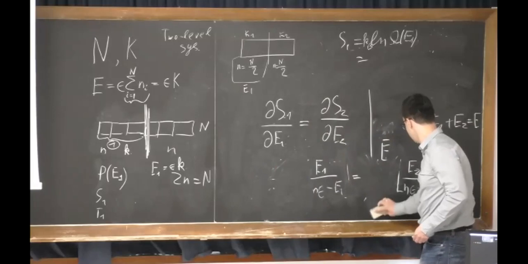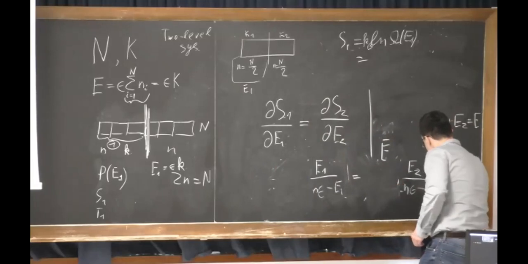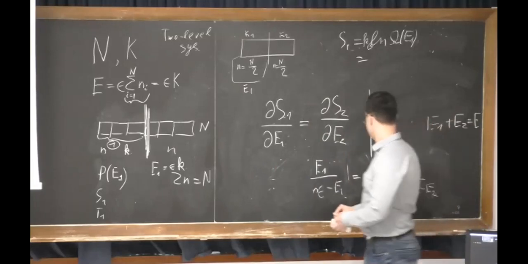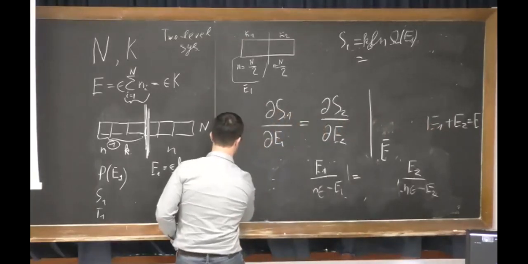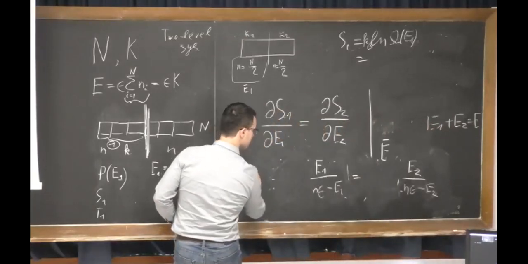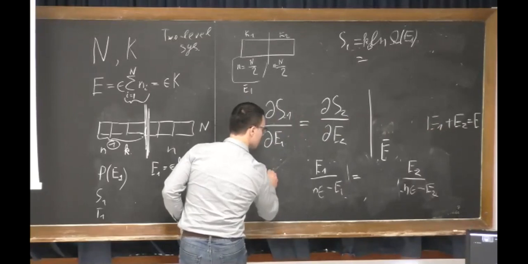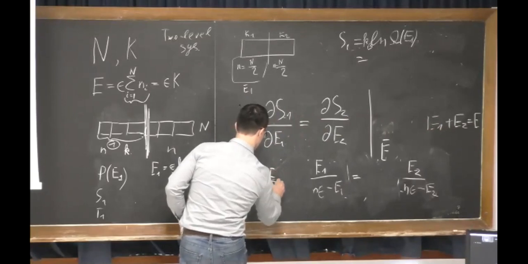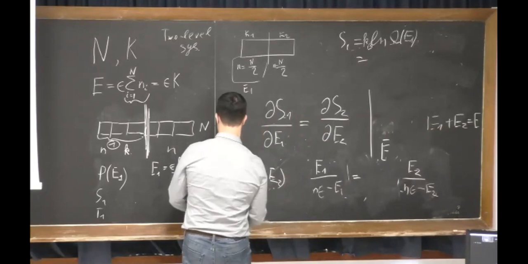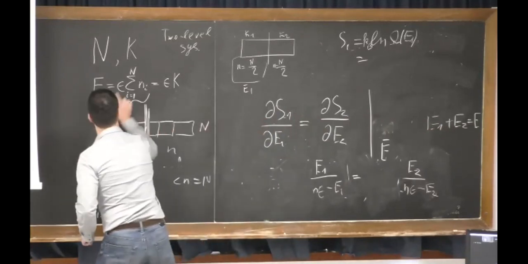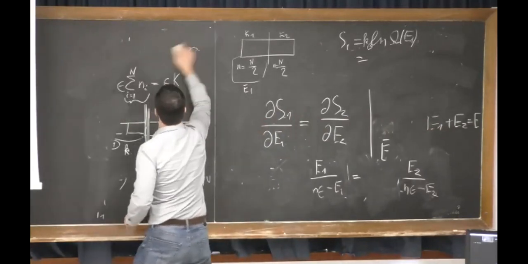Logarithms with k_B, we remove. And what we get is that E1 times n epsilon minus E2. Sorry, I better start writing somewhere else.